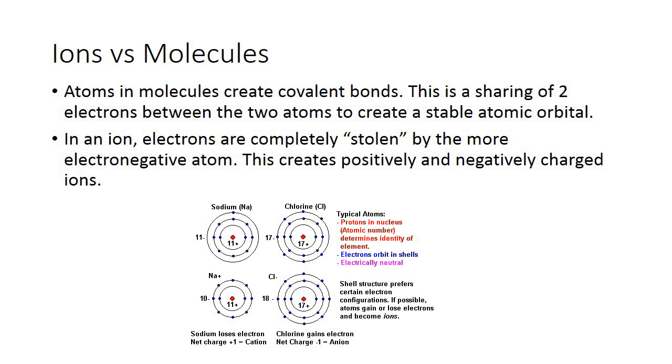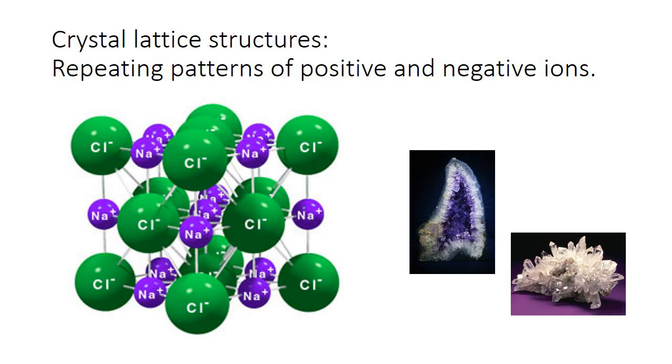The result is an atom that's now become negatively charged, the one who stole, and an atom that's now positively charged because it's lost an electron. And now that you have fully positive and fully negative charges, those two charges are going to be attracted to each other. So you're going to actually have ions of different charges want to come together and form ionic bonds.